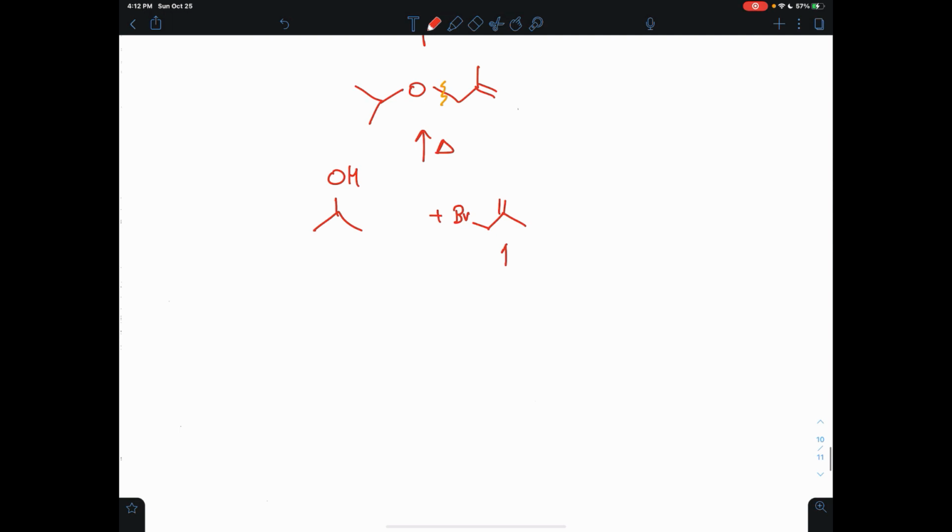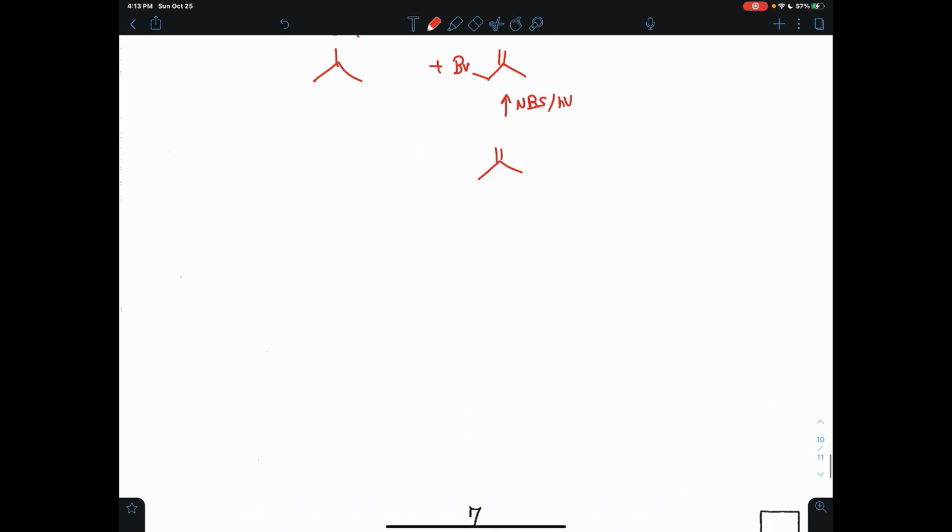Now to form this Br right here, again, it's the same thing, so I can just use NBS and light. It's on an allylic carbon. And then I'm going to solve the double bond. Now, to form this double bond, we only know 1 reaction as of right now, and it is to just use E2, right? And using E2, you can either use tert-butoxide or you can also use something like CH3O minus.